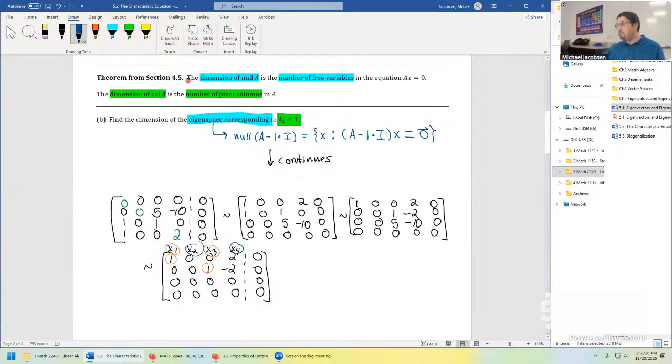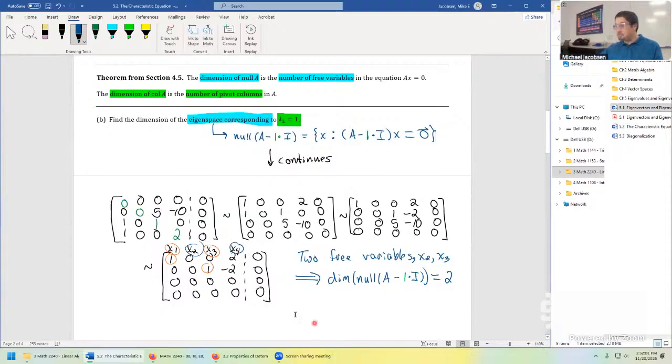We go back to theorem 4.5, a really powerful theorem, and we can just say two free variables, namely x2 and x4, implies the dimension of the null space of A minus the eigenvalue 1, the one with the higher multiplicity 2, times I, is 2.